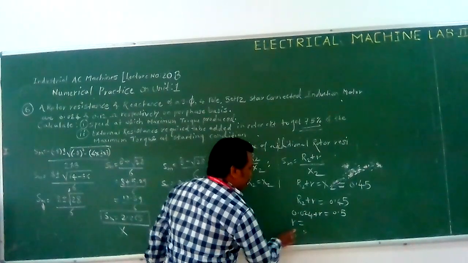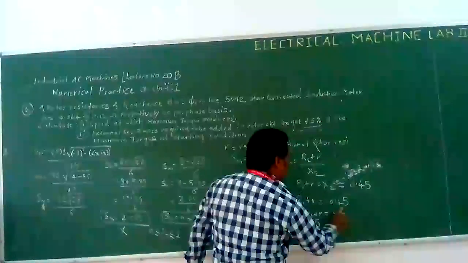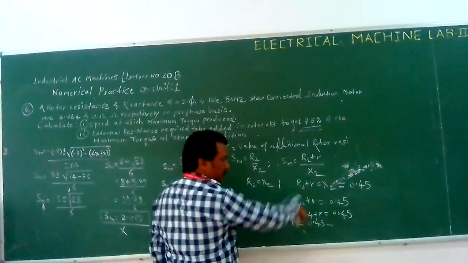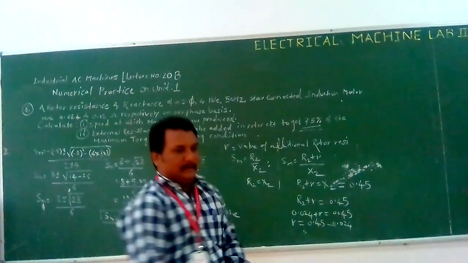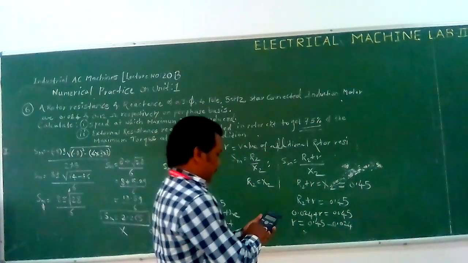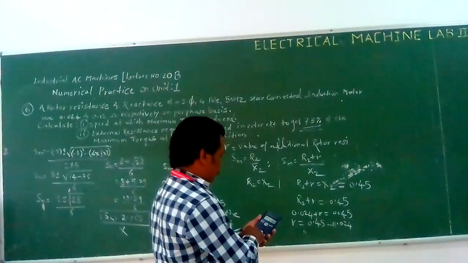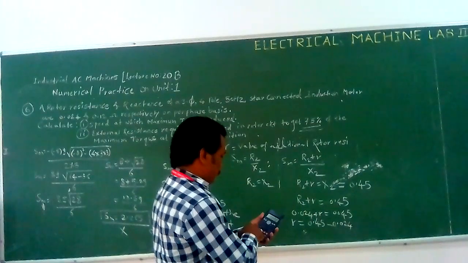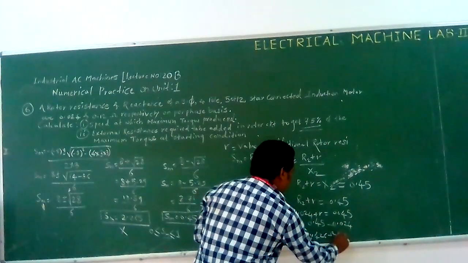By simplifying this, R is equal to 0.45 minus 0.024, and R is 0.426 ohm per phase.